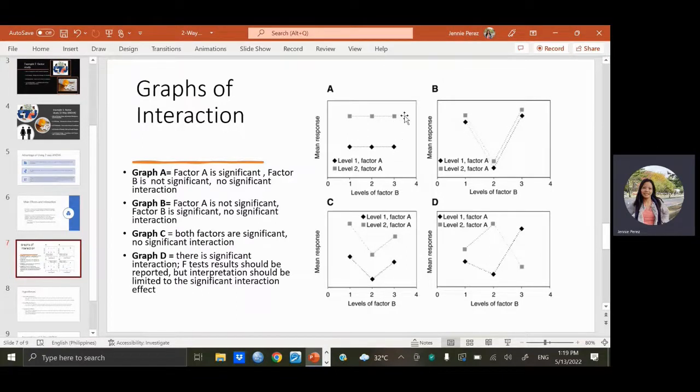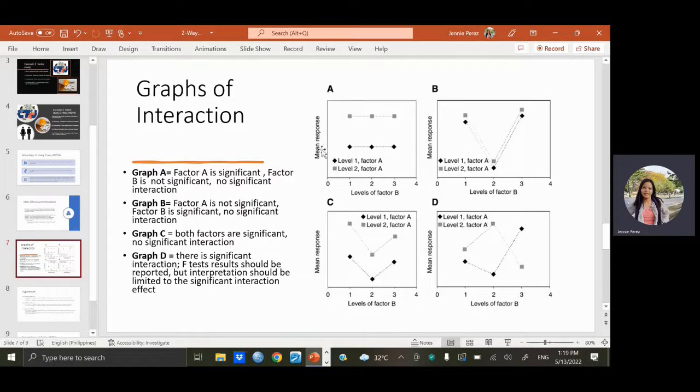And here is represented by level 1 of factor A, and the diamond here is represented of level 2 of factor A. So there are two factors being represented in these four graphs.